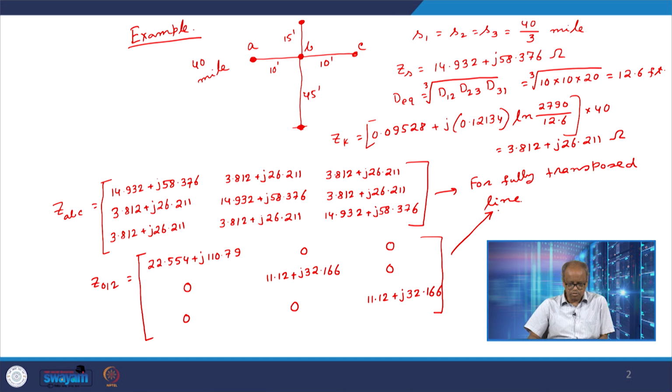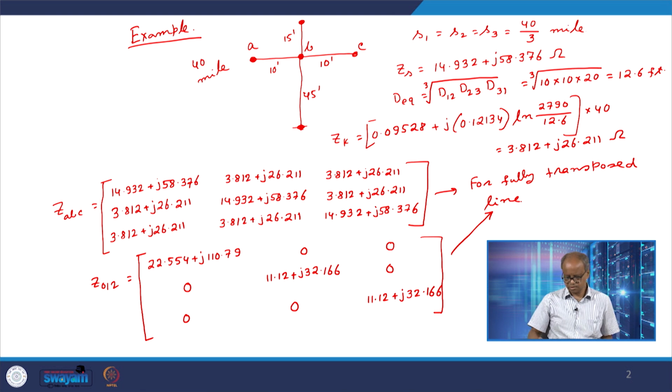So this is how the calculation will be done. This calculation essentially involves most of the earlier calculations. The only extra thing that needs to be calculated is the value of DEQ, and the illustration of calculation of DEQ is this.